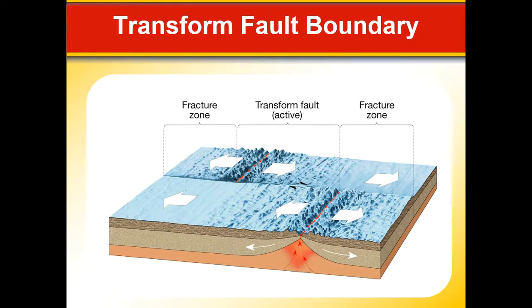Like for example, the San Andreas fault, which is a right lateral fault where the Pacific plate is moving northwards in relation to your North American plate, which is relatively slower or moving southwards. Okay, so that is how your San Andreas fault was formed.